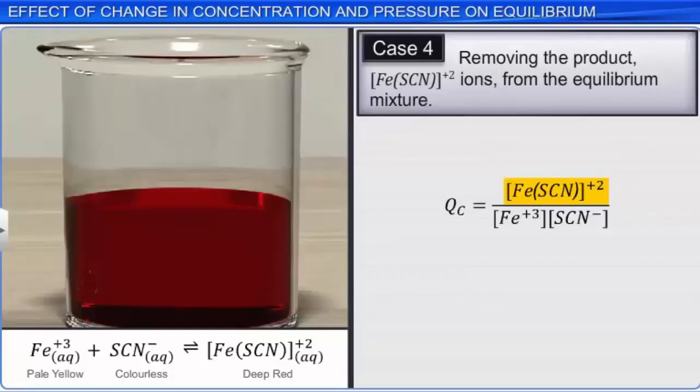This results in Qc becoming less than Kc. Hence, the forward reaction of Fe³⁺ and SCN⁻ ions combining to give FeSCN²⁺ takes place. Thus, you can conclude that removing a product from the equilibrium mixture results in the forward reaction.